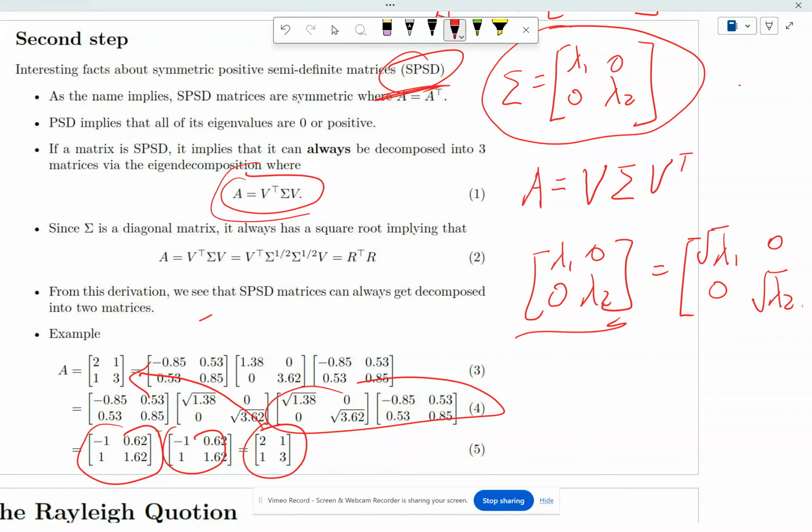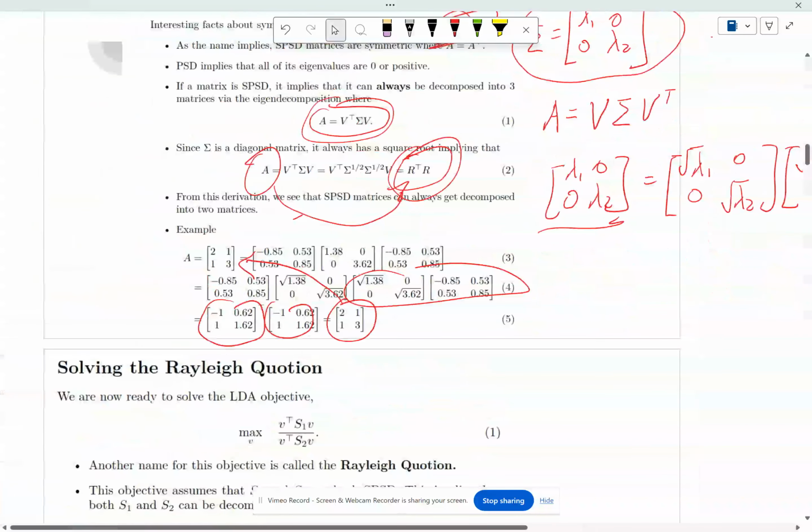And if you can always break it into three, you can also always break A into two matrices of this form. So these two realizations require you to understand eigendecomposition. And once you can break things into different components and you know the properties of those components, then you can perform various manipulations that make your life easier.